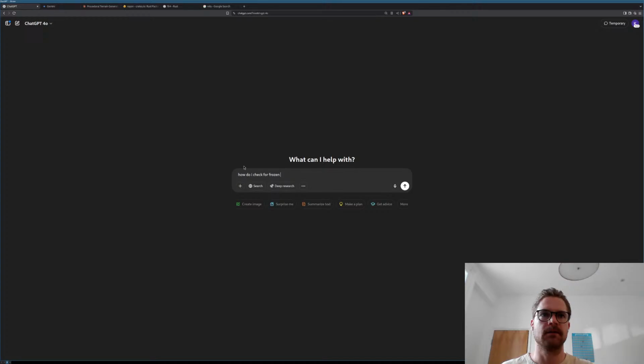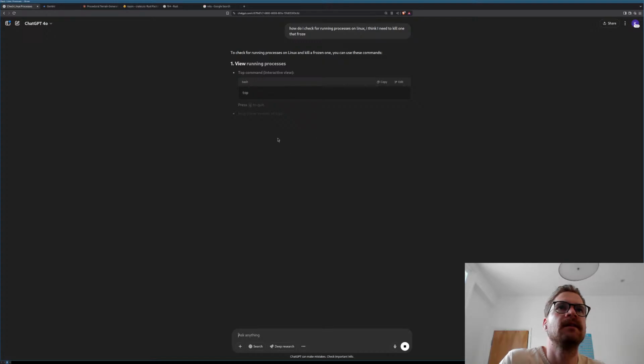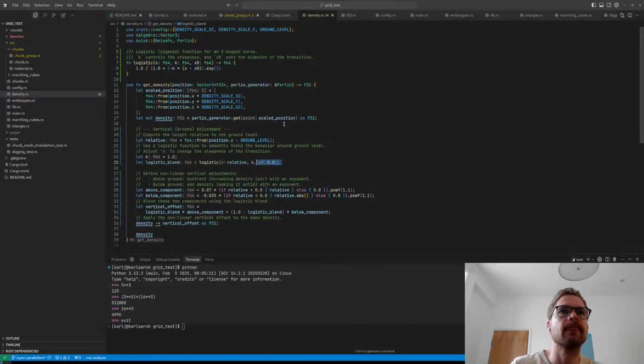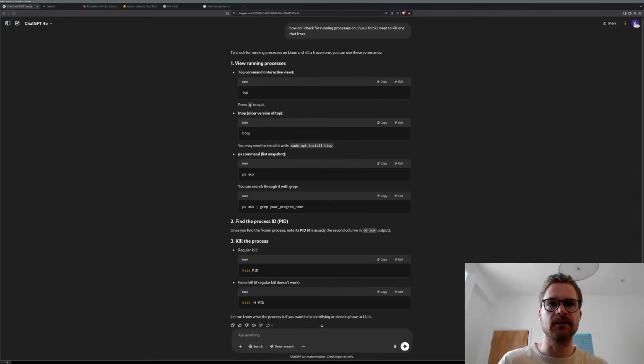It's frozen for running processes on Linux. I think I need to kill the one that froze. Top. It keeps freezing the... Is it frozen in OBS? Yeah, it is. So it is actually not the screen.